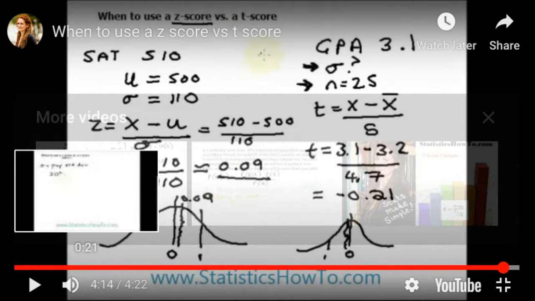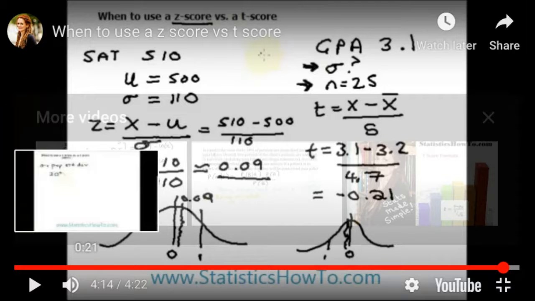Oh, are you subtracting 1 minus 0.21? Is that what you're doing? Is that how you got 80%? I just want you to be clear.